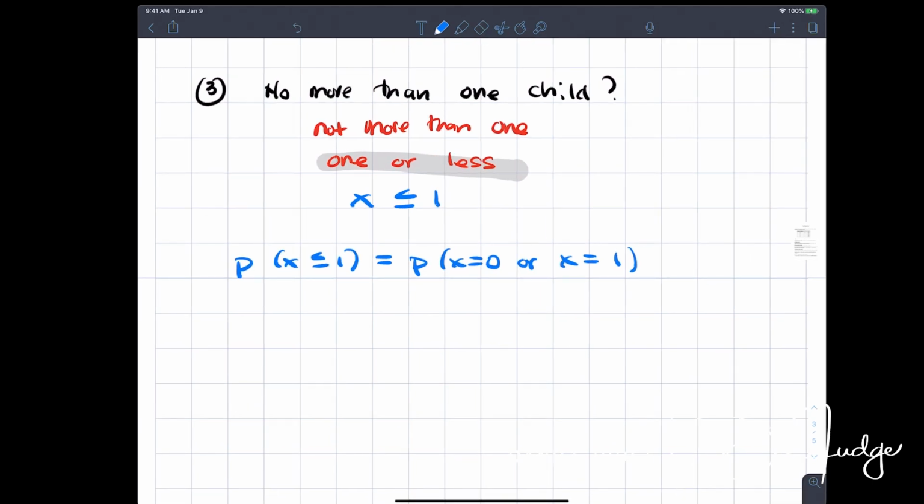Okay, you guys okay with that? Now again, by the addition rule, the probability that X is 0 plus the probability that X is 1. And you guys know I like using P of 0 plus P of 1.